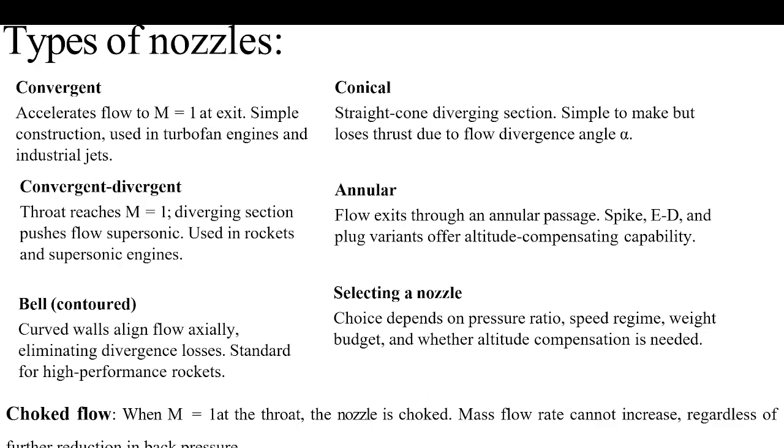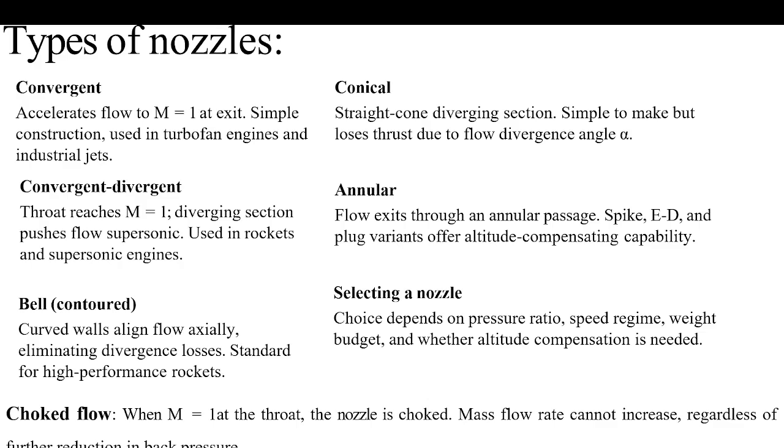Coming to the convergent divergent nozzle, it is designed in such a way that at the throat the Mach number must reach 1. That condition implies where you use a convergent divergent nozzle, where the flow is decelerated initially in the convergent section, and later the acceleration increases the flow to supersonic or higher speeds.